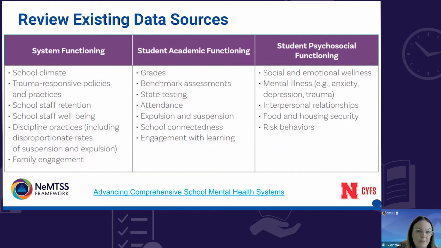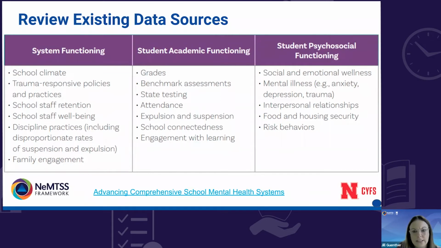After identifying what data you might need or want, and what you already have available to show those needs, you're going to need to have those conversations around what screener might help fill those gaps. This chart comes from a link at the bottom, which is a great resource to take a look at, Advancing Comprehensive School Mental Health Systems.